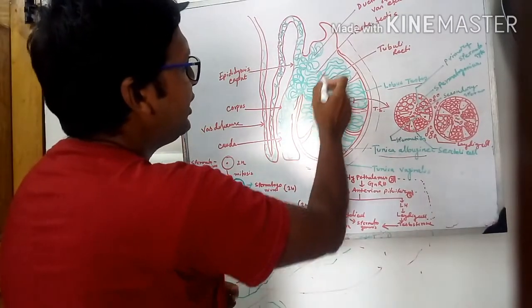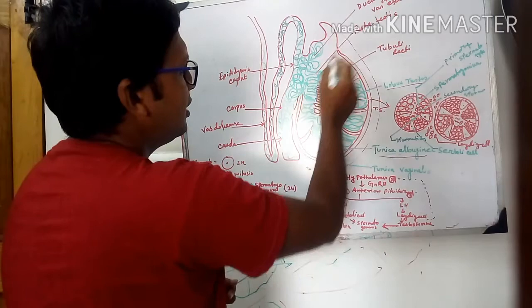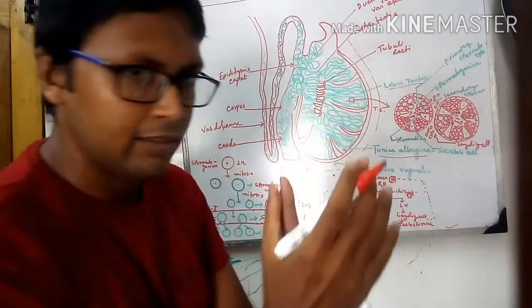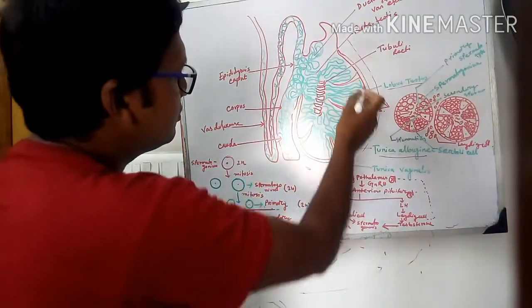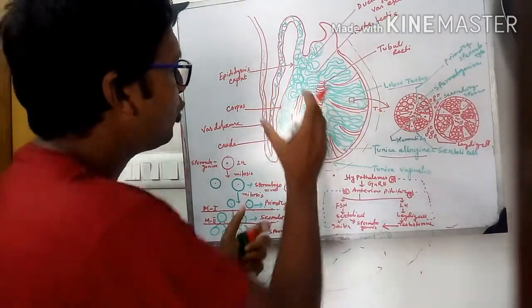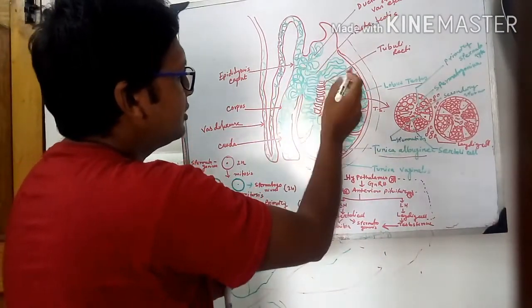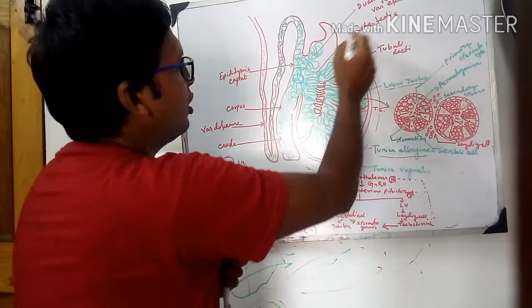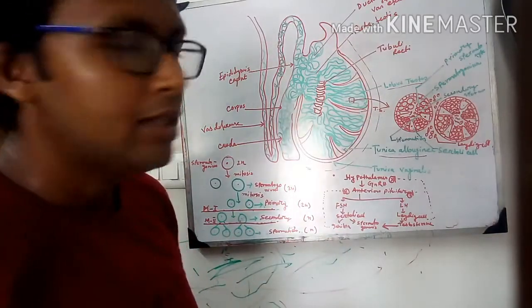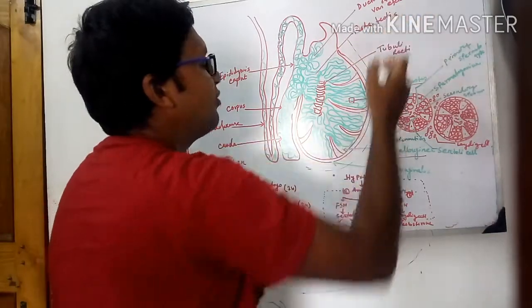From the rete testis, the tubules together release outside the testis and form a highly coiled structure called ductus efferentia, also known as vas efferentia.